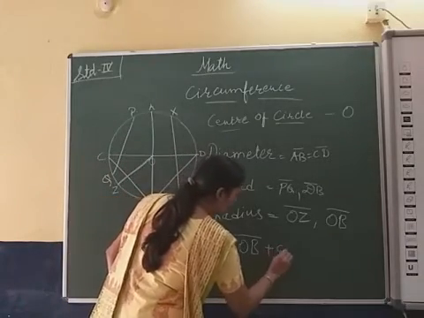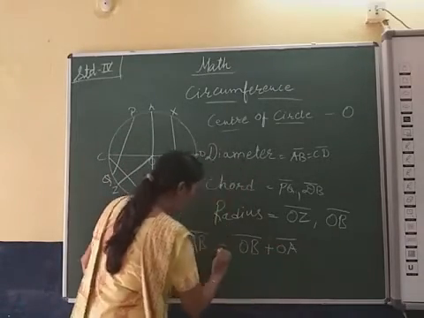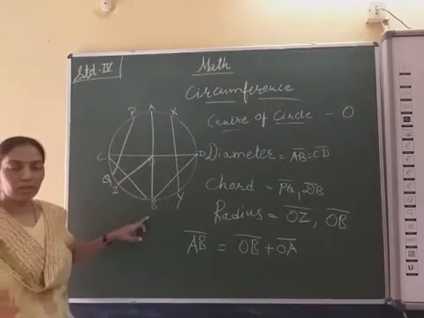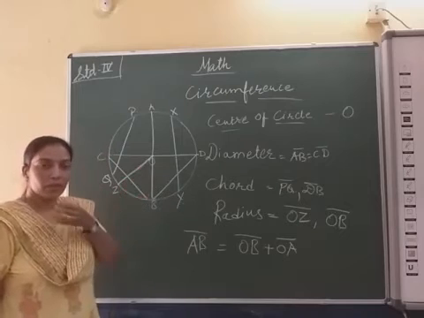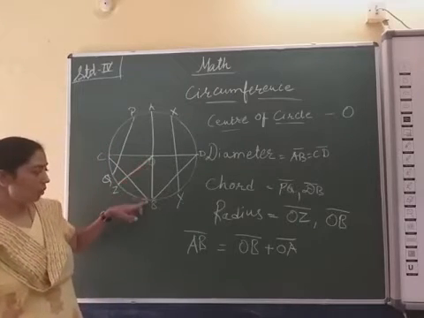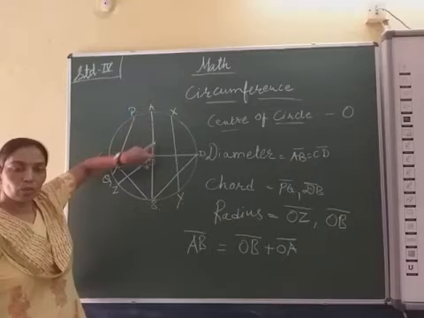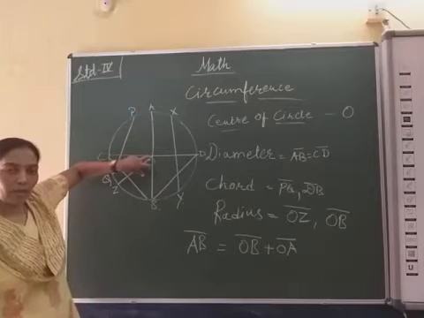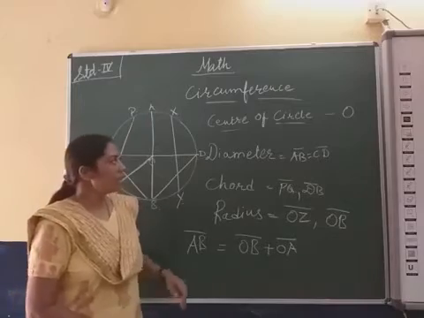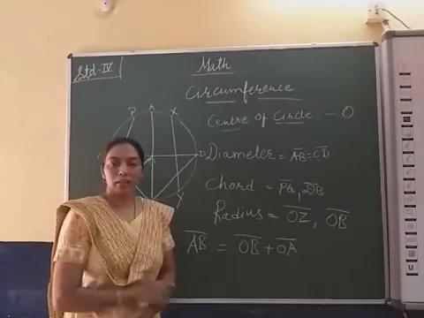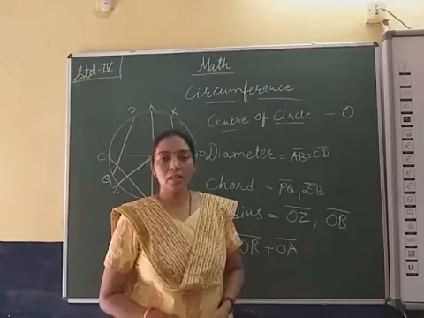OB plus OA is equal to AB. The lengthwise I am telling that 2 radii, like OB and OA, are equal to 1 diameter.